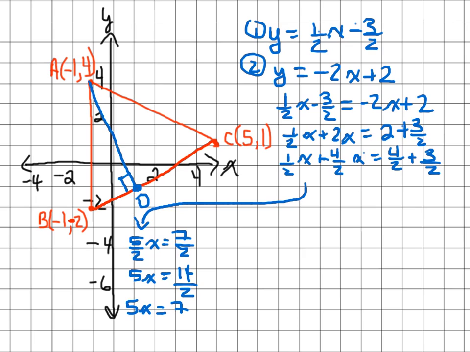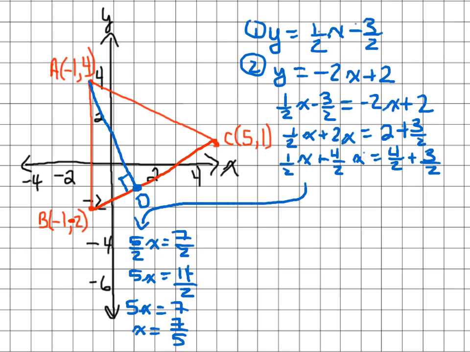Now I'm going to divide both sides by 5, so I have x equals 7 over 5. So I now know what x is.